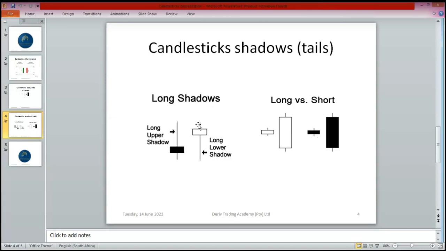But for one reason or another, buyers came in and pushed price back up to end the session near its opening price, just like here. Here the sellers were in control, but after some time, the bulls came in and pushed it back up to close above the opening price, but not far.